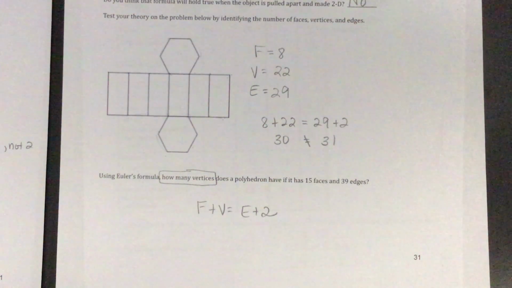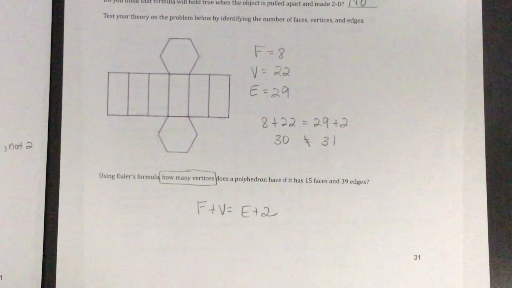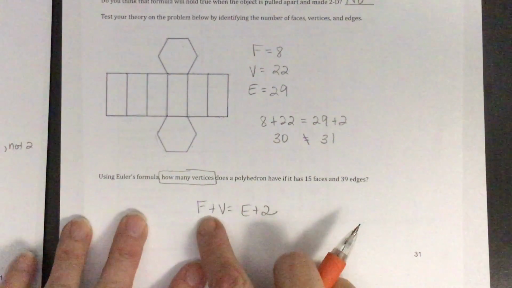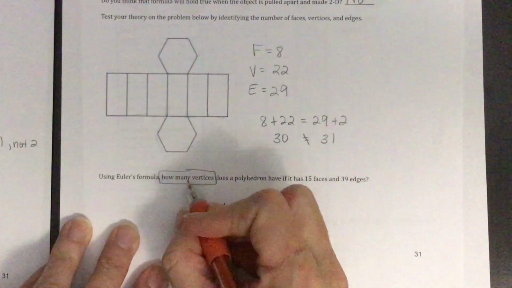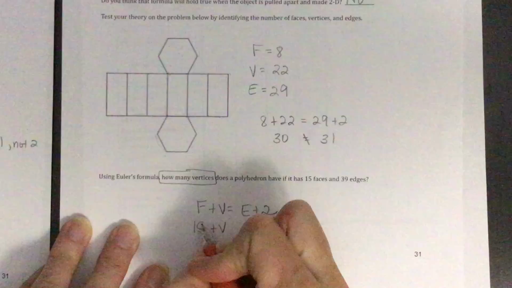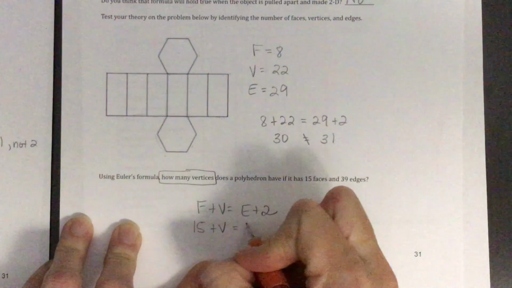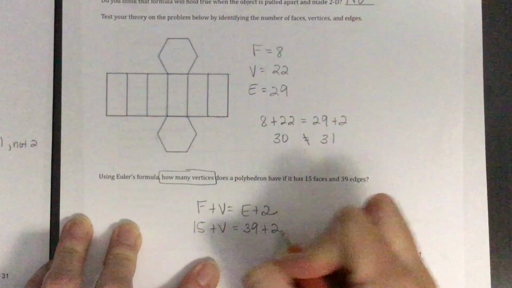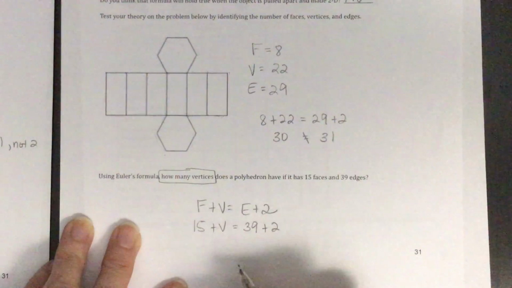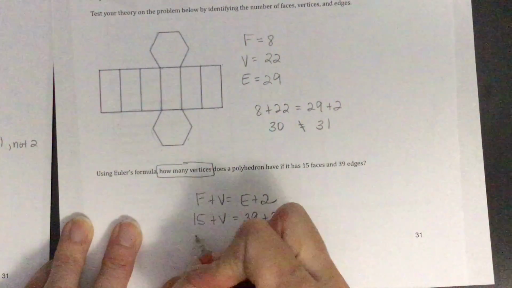All right, so let's take a look. So I have 15 faces, so I'm going to put 15 in for F. I'm asked how many vertices, so I'm just going to use a V there. Keep that the same. Edges, there's 39, plus 2. So we have to solve for V. This is just algebra. I'm going to add 39 and 2. It's 41.